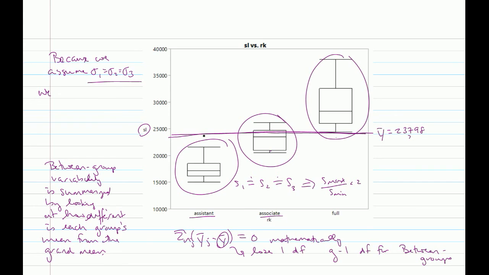So we pool S1, S2, and S3 into one S sub p, or pooled estimate of sigma, that common standard deviation of the population.